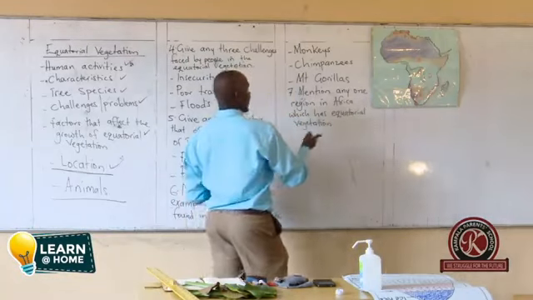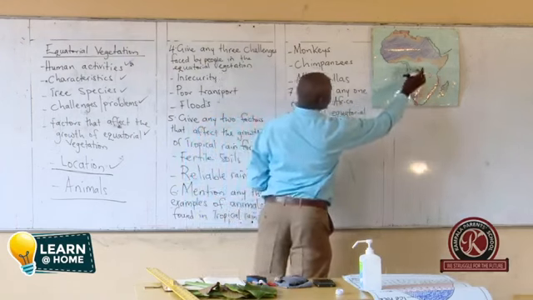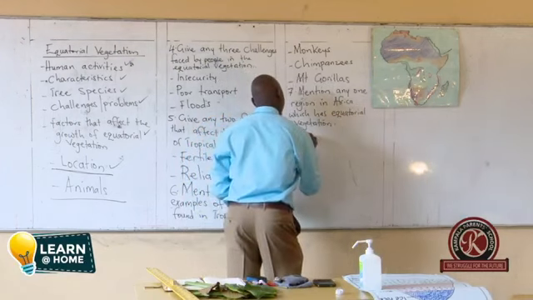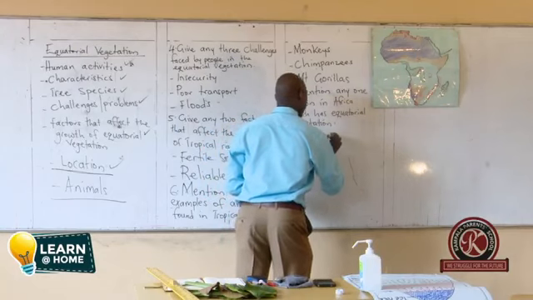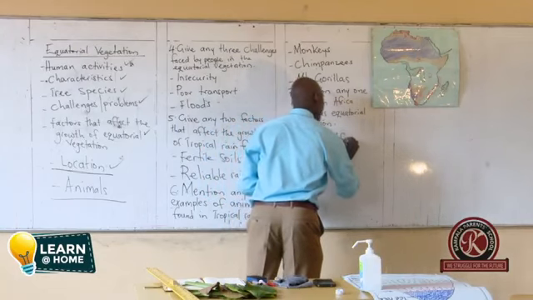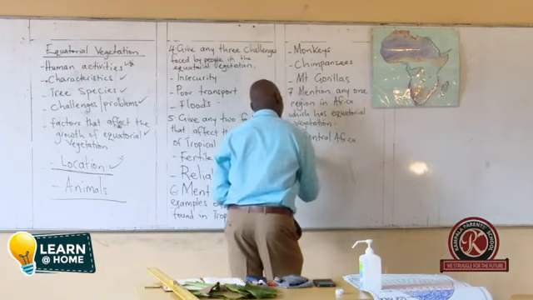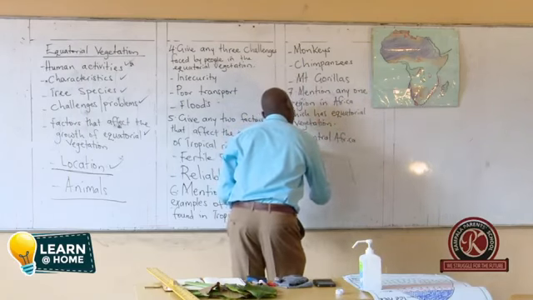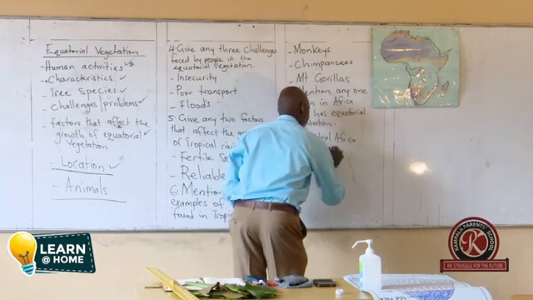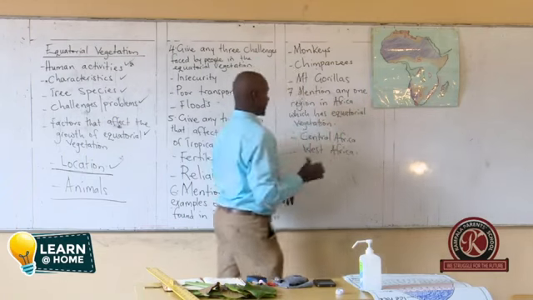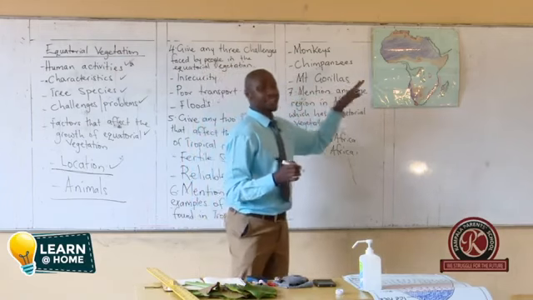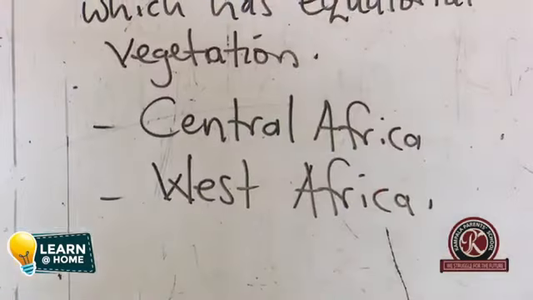So we shall look at the part which has the largest part of it, which is Central Africa. Also West Africa because it's there at the coast. In Uganda, we said we have it in areas around the shores of Lake Victoria.